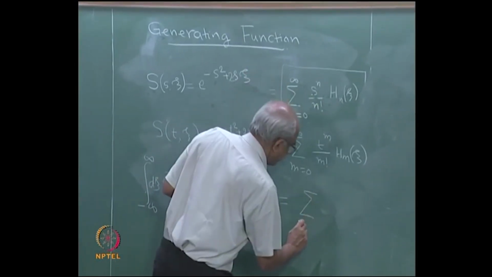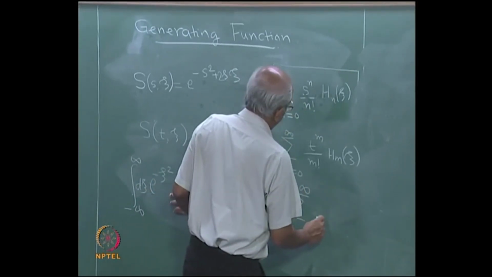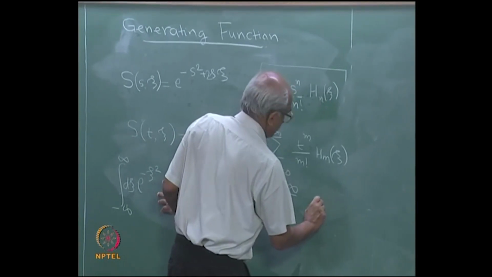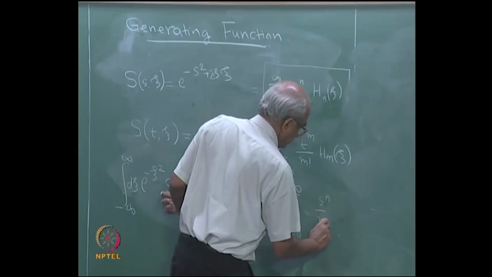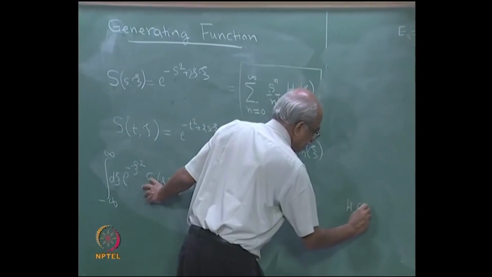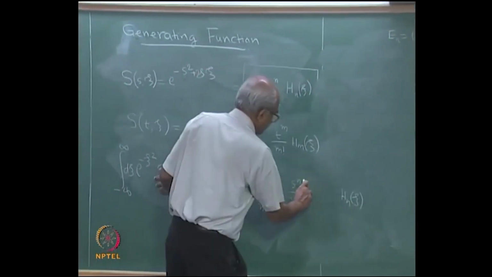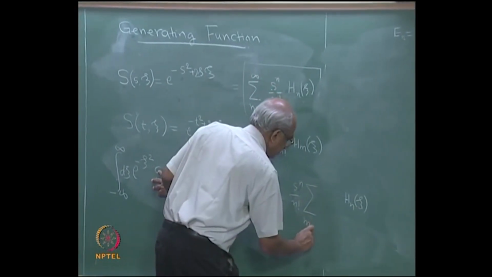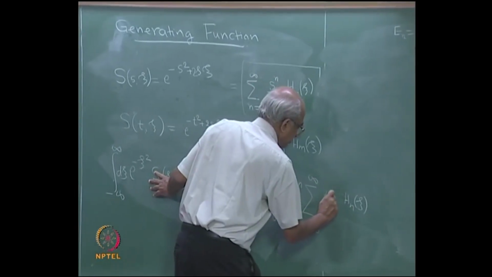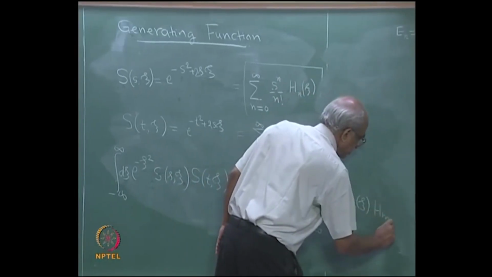The first one may be written as sigma n going from 0 to infinity, s to the power of n by n factorial, multiplied by Hn of c, right. And then I will have sigma m going from 0 to infinity multiplied by t to the power of m by m factorial and Hm of c.